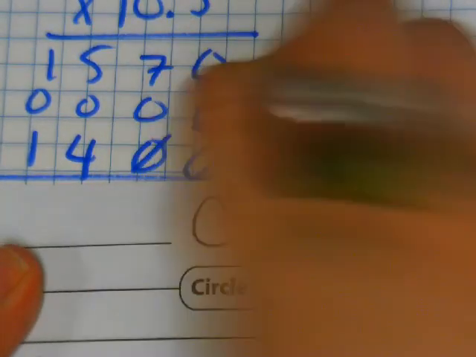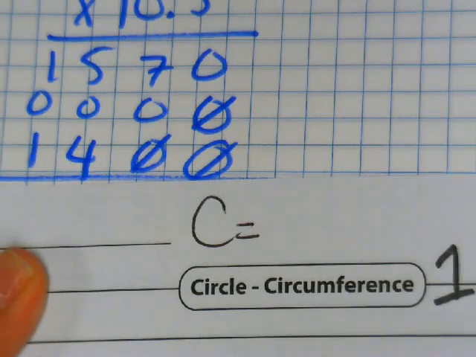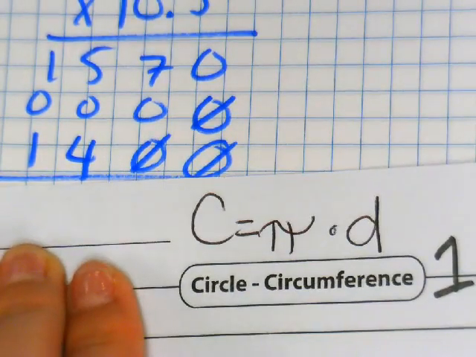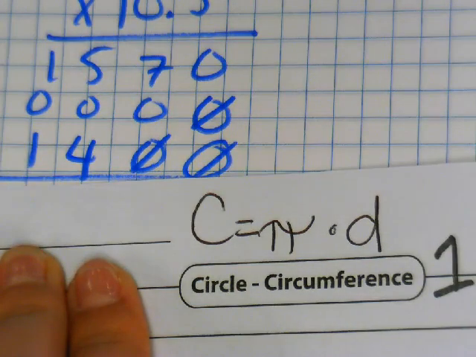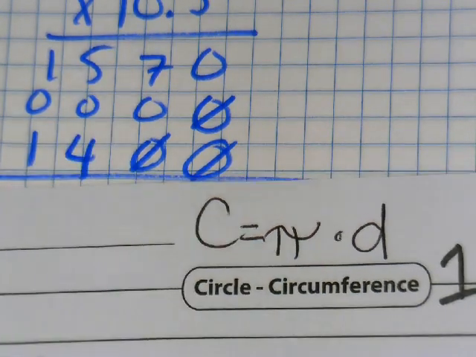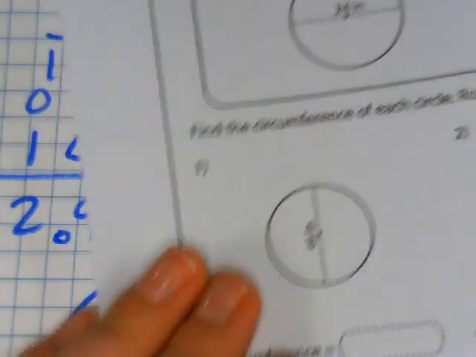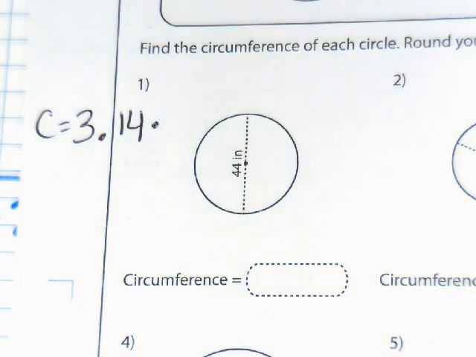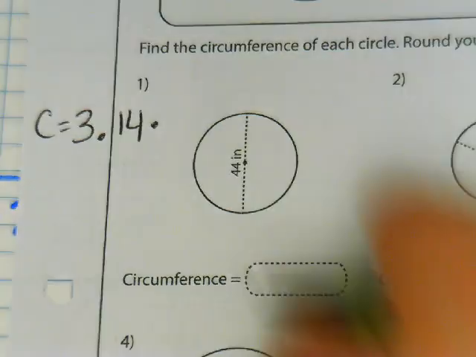C equals, what's your formula? Diameter. Like a little piece of you dies. Pi times D, pi times D. All right, now like Mia said, which pretty much is what I want, C equals 3.14 times 44.